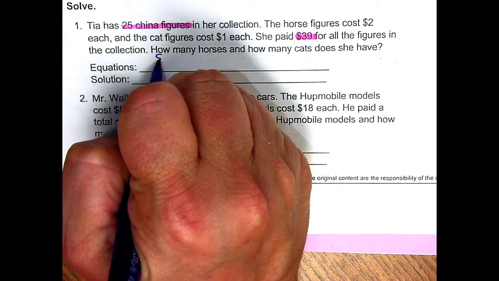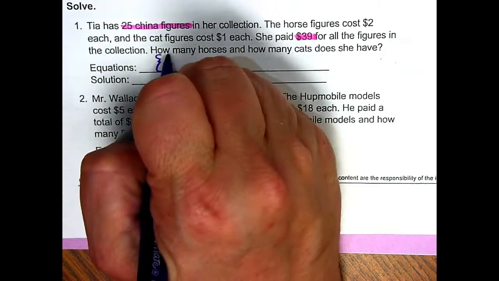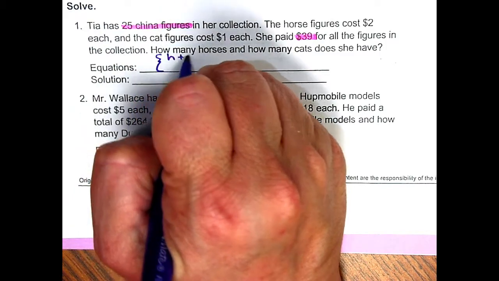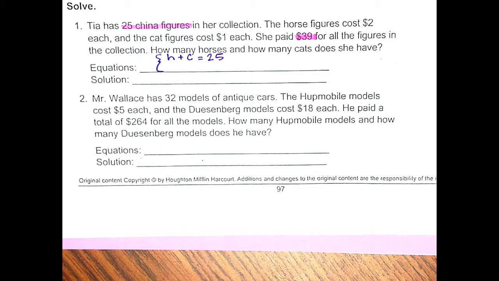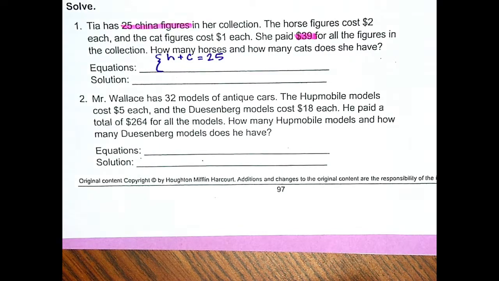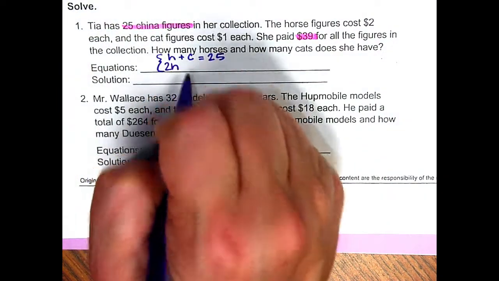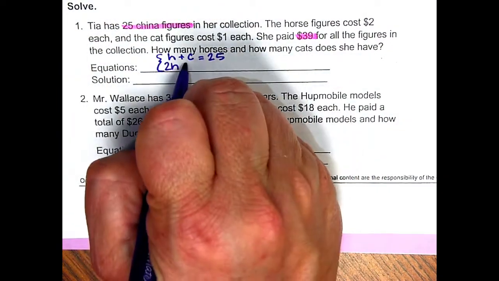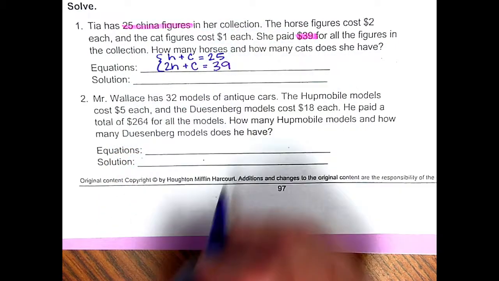As far as the figures go, she had horses and cats. So H plus C equals 25. And then for the cost, the horses cost 2, so that's 2H, and the cats cost 1, so plus C is 39.